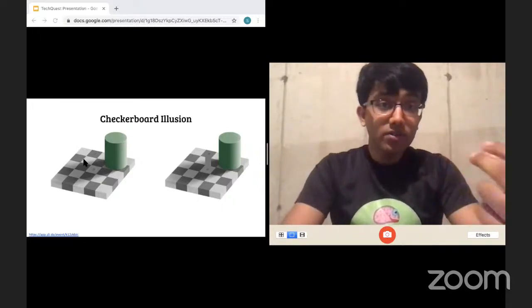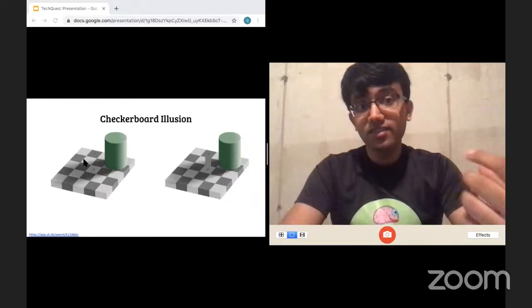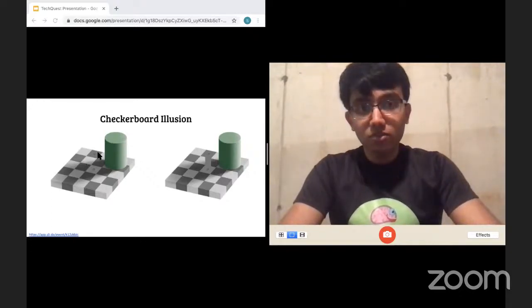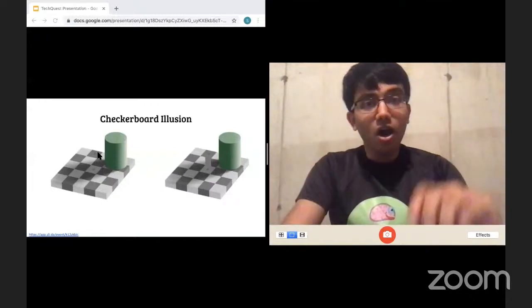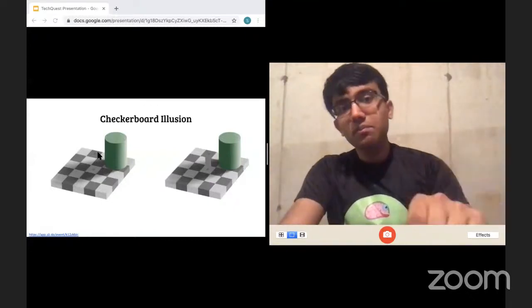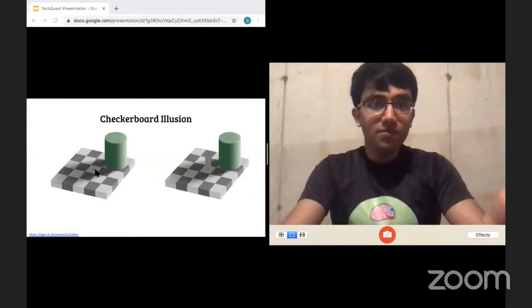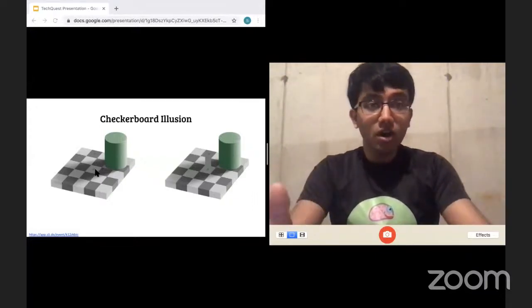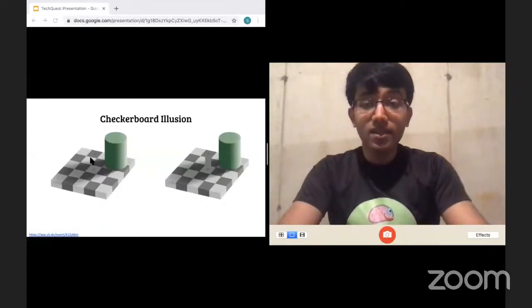When you see a light bulb in the dark, it looks brighter than if you see it in the daylight. Similarly, square A, if you put it amongst blocks that end up looking lighter, automatically your brain tells you that block is going to be darker than it really is. And B, the opposite effect occurs. You put it with really dark squares, your brain tells you that square must look really light. And that's why we see such a big difference.